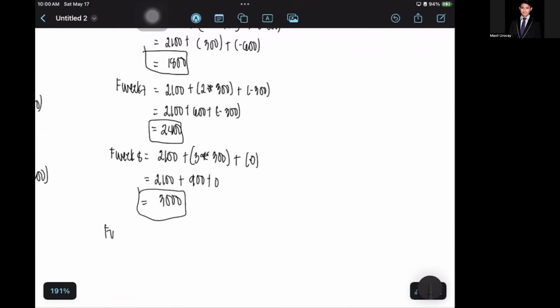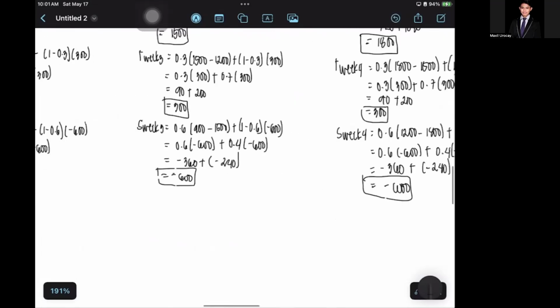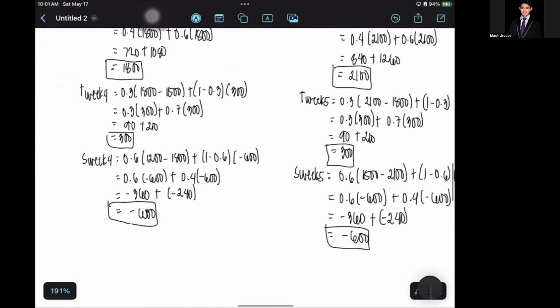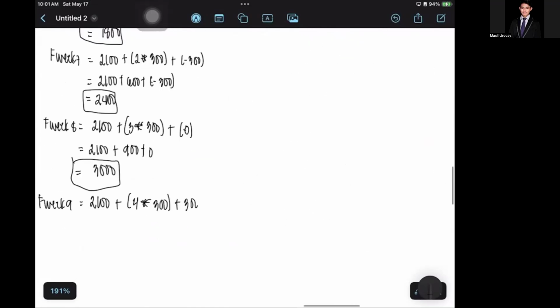And for week 9, the same implementation: 2,100 plus 4 times 300 plus your initialized seasonality for week 4, that is 300. So 2,100 plus 4 times 300, that is 1,200, plus 300. All in all, that is 3,600.